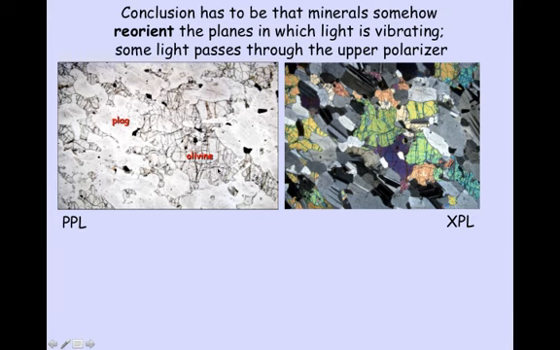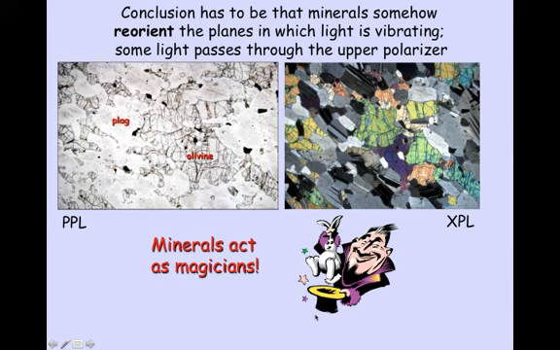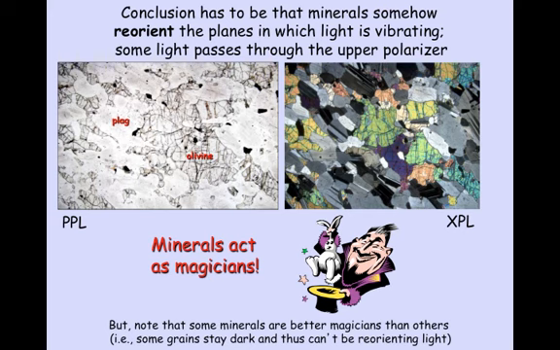So the minerals themselves are changing the way the light is passing through that upper polarizer, and we see those interference colors. So this goofy graphic is to suggest that the minerals are doing some work to change what we're seeing in the scope. And some minerals do this better than others. There are some minerals, isotropic minerals, that can't reorient the light, and I'll talk about that later too.